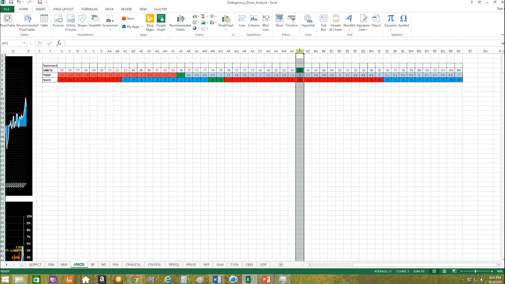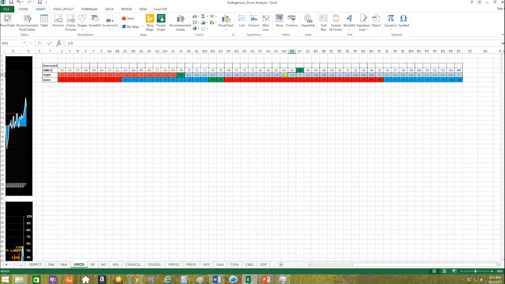If we start here in column AY, we look at the average level of the UMCSI historically, which is 85. That level, the average of the historical data, is consistent with levels of 3% GDP growth.